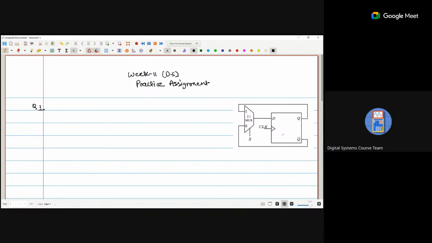Okay, so when x is 0, okay, when x is 0, d is q bar, and when x is 1, d is q.